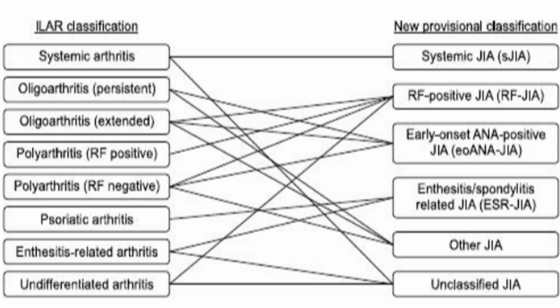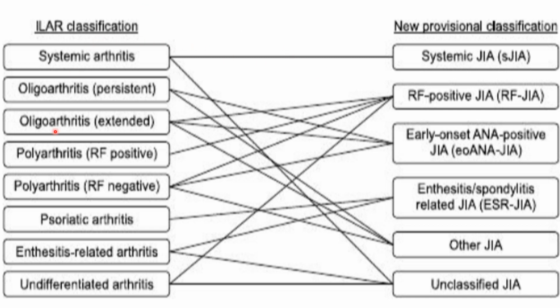But now, especially in the older child, nearly 14 or 15, with negative RF but positive anti-CCP, he is actually having early onset rheumatoid arthritis. So he will not be classified here as RF positive because he is actually RF negative, but he should be classified as positive because he has positive anti-CCP. This will not be evident in the ILAR classification, but will be evident in the new provisional classification.